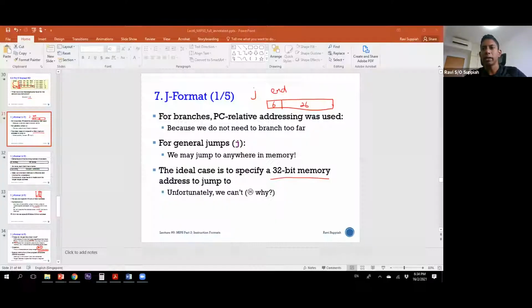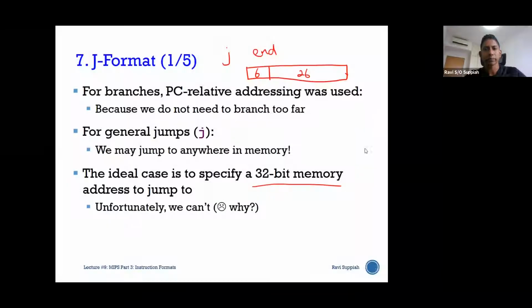Okay, so let me share screen, and we can resume from where we left off. So the last lesson we were talking about the jump instruction.